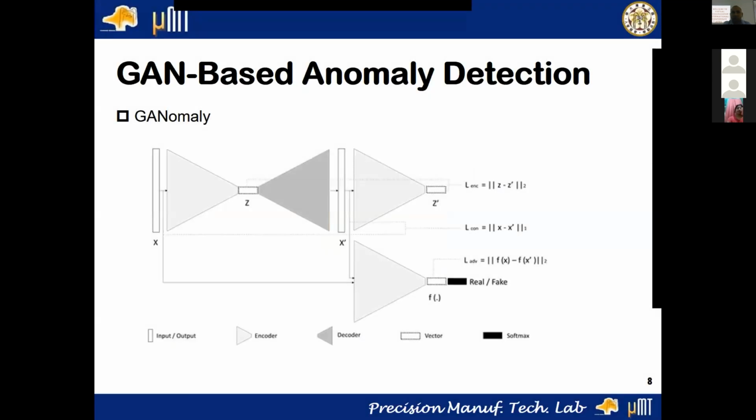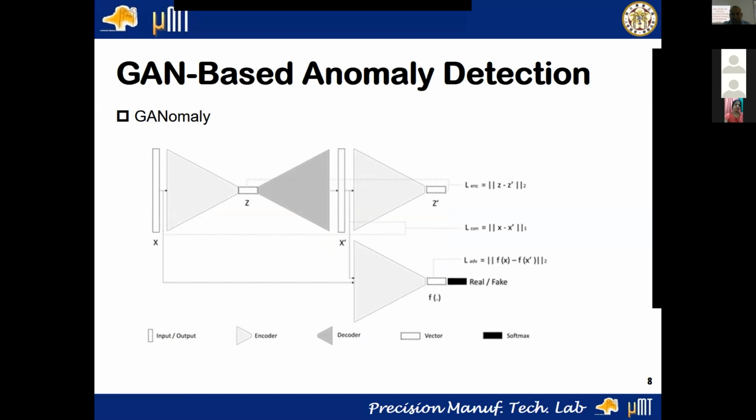GAN-based anomaly detection is an anomaly detection method designed with GAN. GAN-Anomaly, which is one of the best GAN-based anomaly detection models in recent years, consists of a generator, a discriminator, and an encoder. By training on the normal data, the generator can create images similar to normal images.